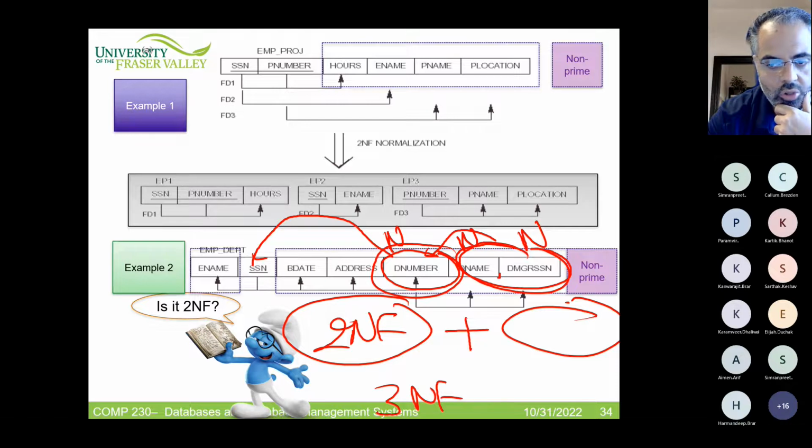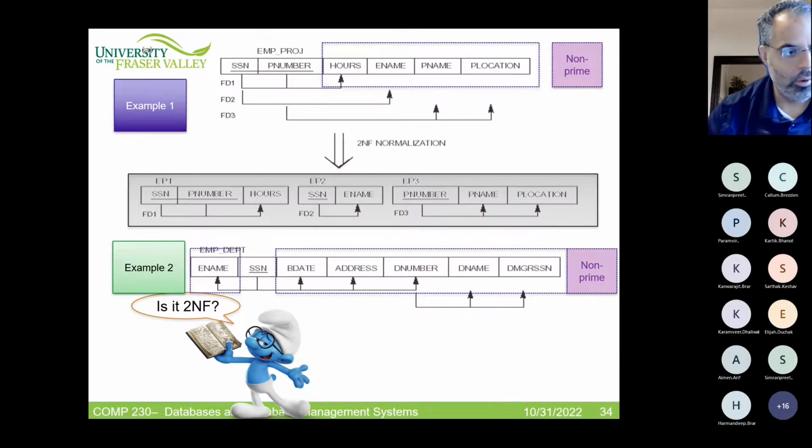the DNAME and DMGR SSN, they will depend on SSN transitively, not directly, because they have a relationship with other non-primary attributes. So in very simple words, to be third normalization, first it should be second, plus no relationship between non-primary attributes themselves.